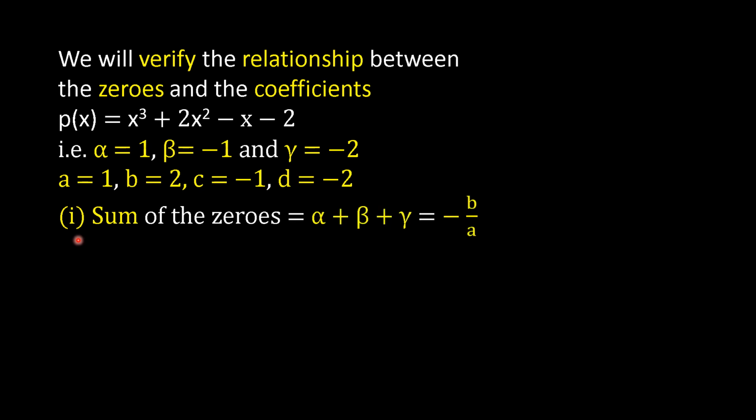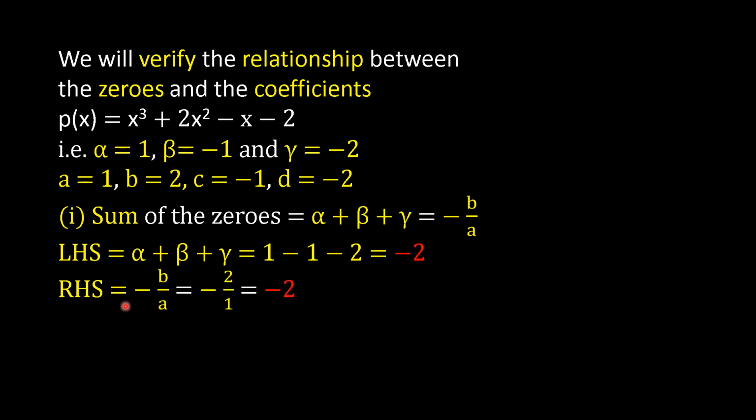First, we will verify sum of the zeros, that is alpha plus beta plus gamma equals minus b upon a. We have left hand side alpha plus beta plus gamma equals alpha is 1, beta is minus 1, and gamma is minus 2. 1 minus 1 is 0. So what we get in LHS is minus 2.